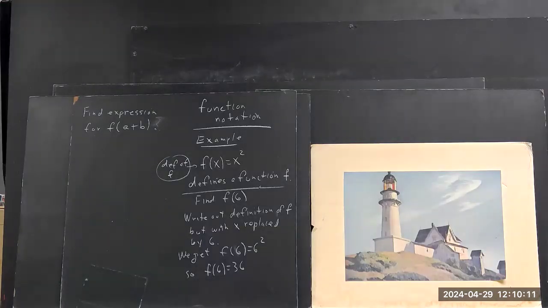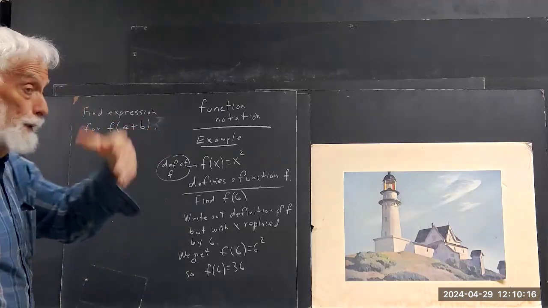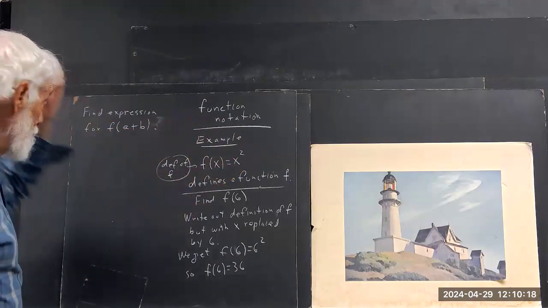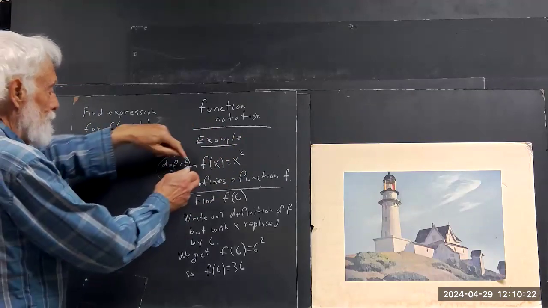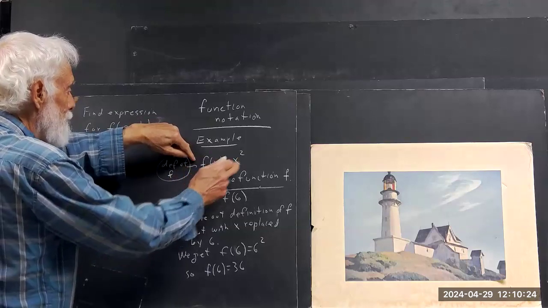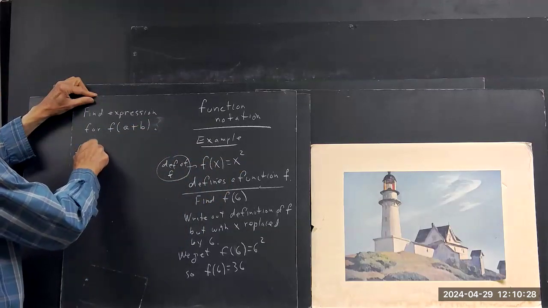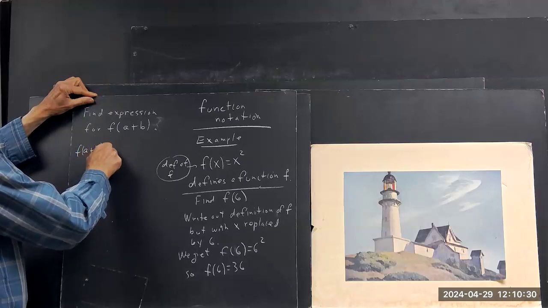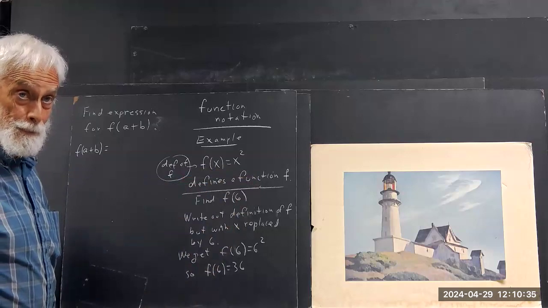Okay, now people do all kinds of bizarre things when I ask them for this, and nobody's done it. And it's very good. I like the way this is done. Okay, what do you do? If you've got the definition of the function, so you write f of a plus b equals, and then you look at the definition and see what it tells you to do.